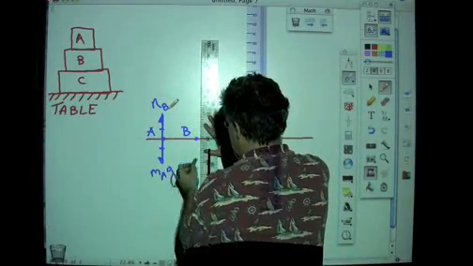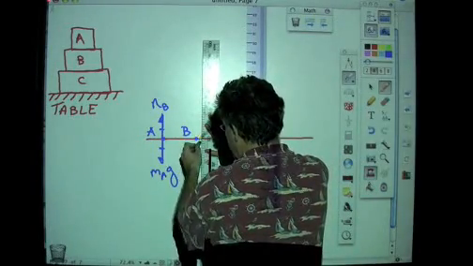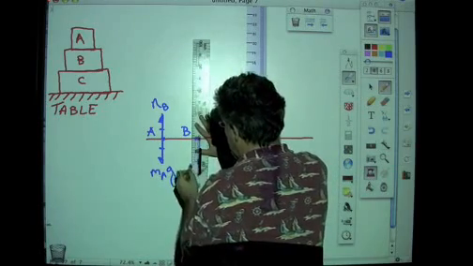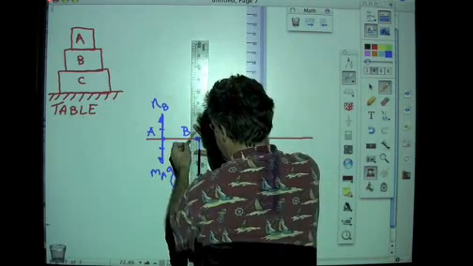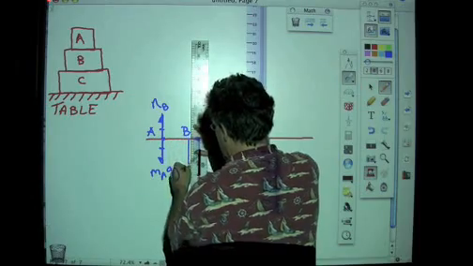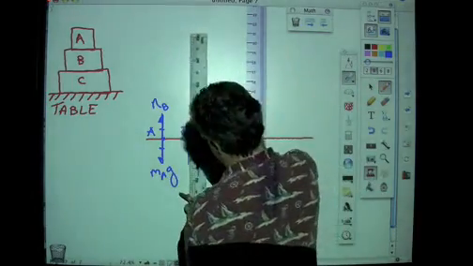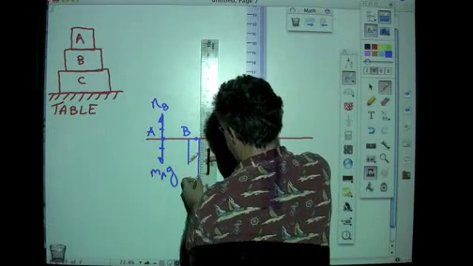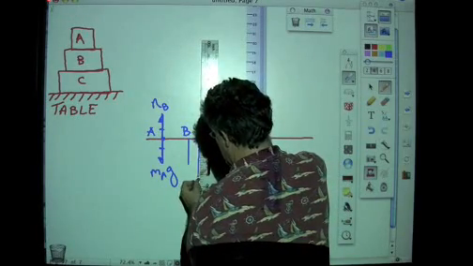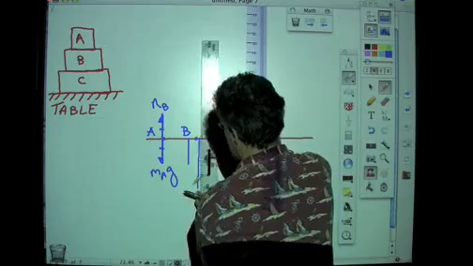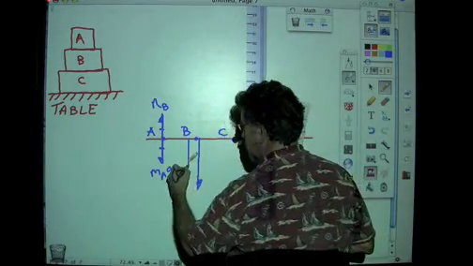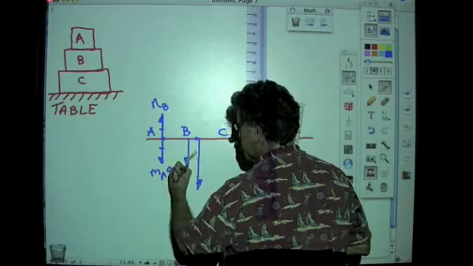It's going to have its weight, and then it also is going to have the normal force from A. So for box B, two forces down.